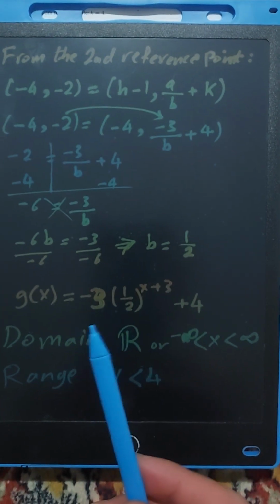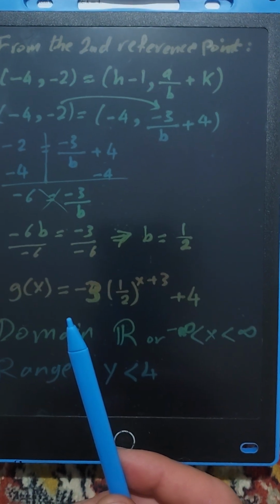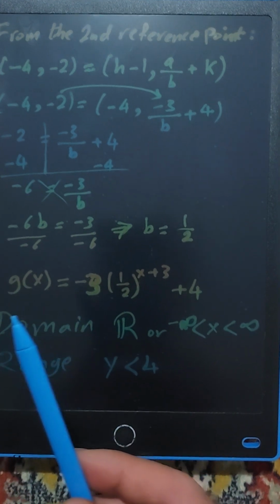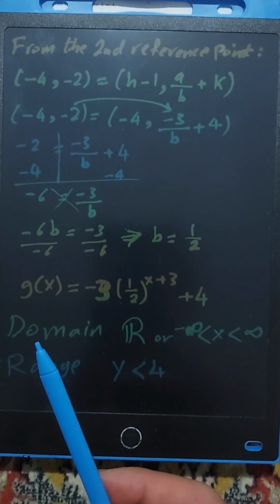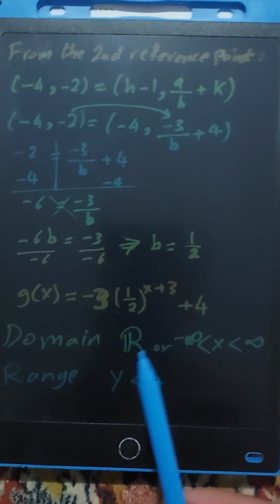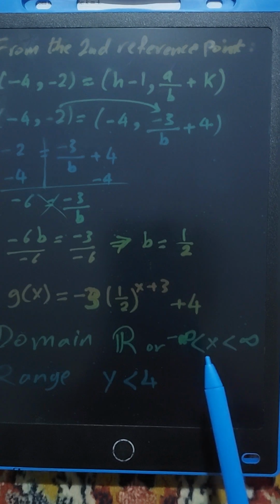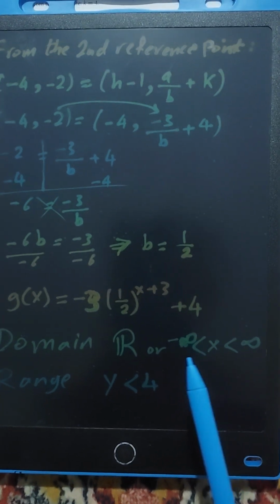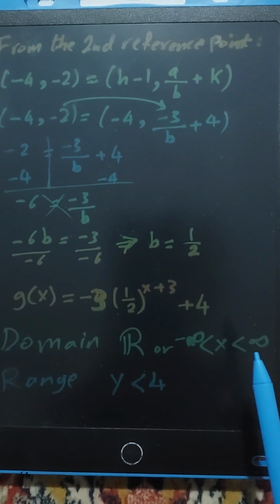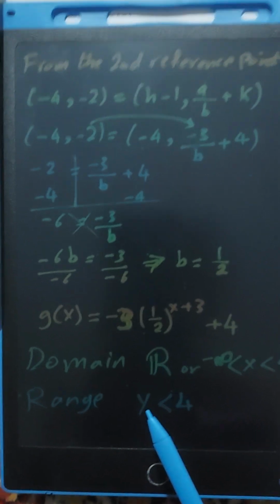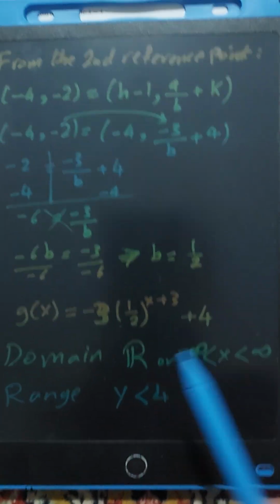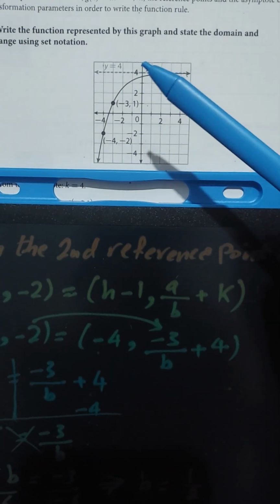After we found the combined transformation function, we find the domain. The domain is all real numbers, or we can write it in the format of negative infinity less than x less than infinity. The range will be y smaller than 4 because of the asymptote.